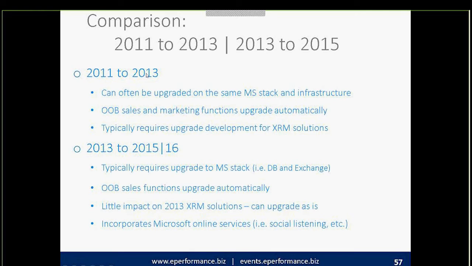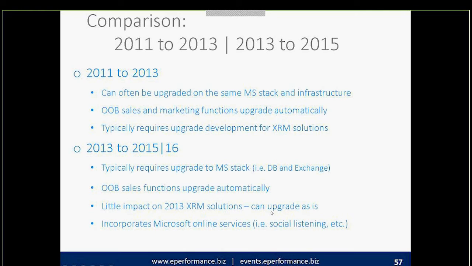This upgrade will typically require some kind of custom code upgrade. Although a lot of it stays under the hood the same, depending on the best practices that have been followed, if they weren't all followed, you're going to hit some snags here. From 2013 to 2015 or 2016, typically it requires an upgrade to the MS stack, but the out-of-the-box sales functions upgrade automatically, and there's little impact on XRM's 2013 upgrades.